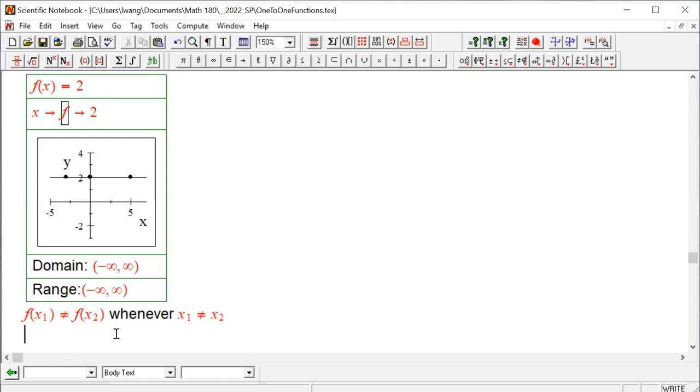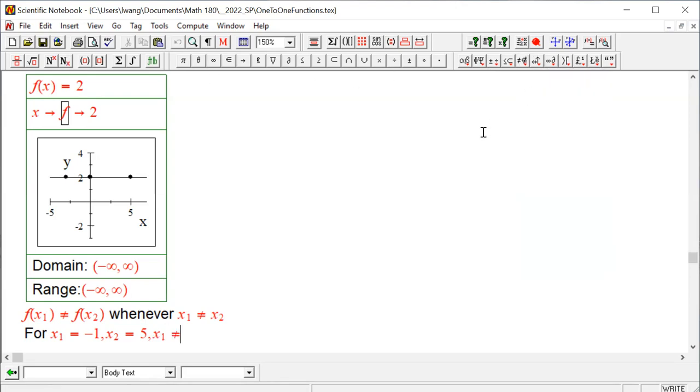So I'm going to say for x sub 1 equals -1, x sub 2 equals 5.